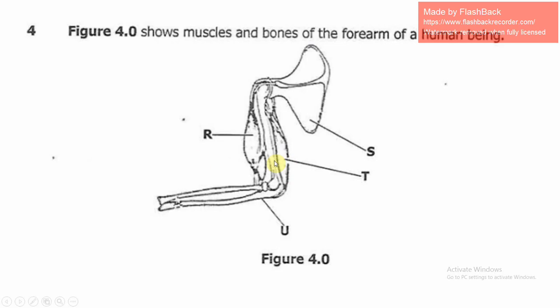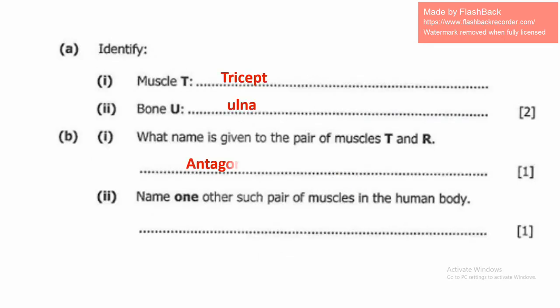So these two muscles oppose each other. If muscles are opposing each other, they are not called special muscles. What are they called? They are called antagonistic muscles. So that qualifies to be the answer for question B, number 1. They said, what name is given to the pair of muscles T and R?